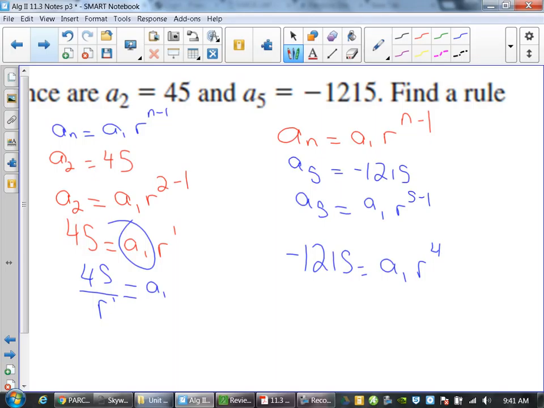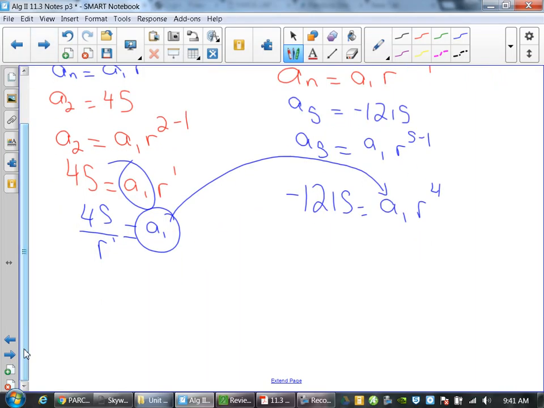Therefore, I take this and I substitute in. Okay? So negative 1215 is 45 over r to the first times r to the fourth.